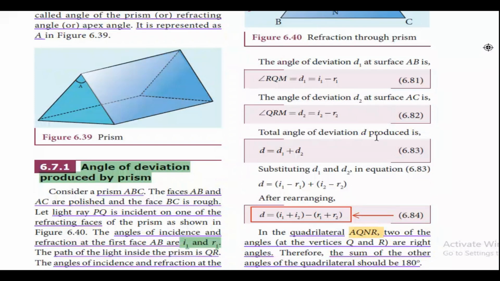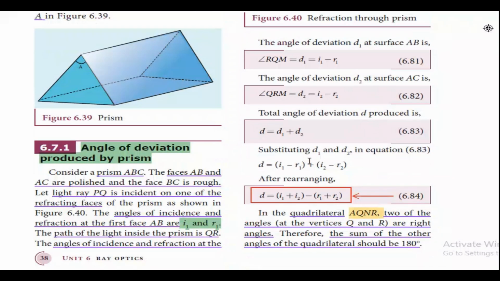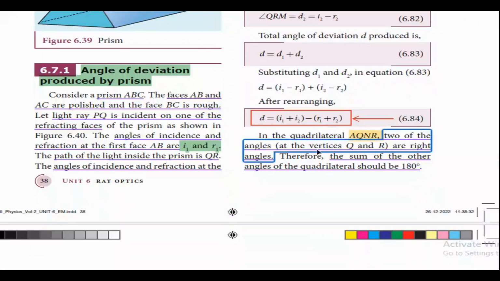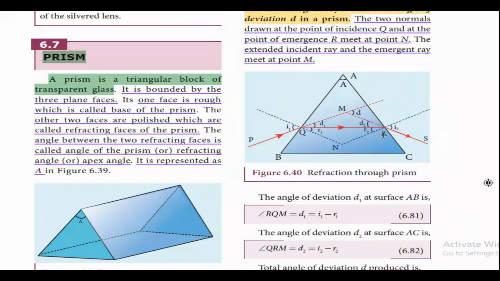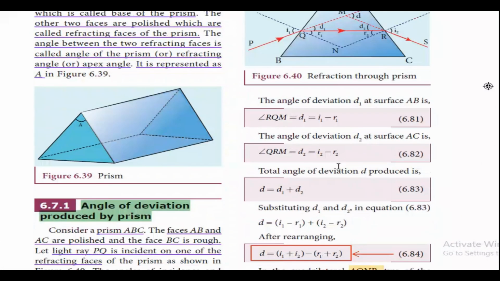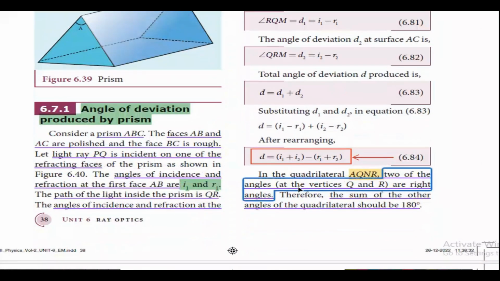So the total angle of deviation D produced is given by this expression: D equal to D1 plus D2. Substituting the values of D1 and D2 in equation 6.83, we get D equal to I1 plus I2 minus (R1 plus R2), that is 6.84. And in the quadrilateral AQNR, two of the angles, that is at the vertices Q and R, are right angles.